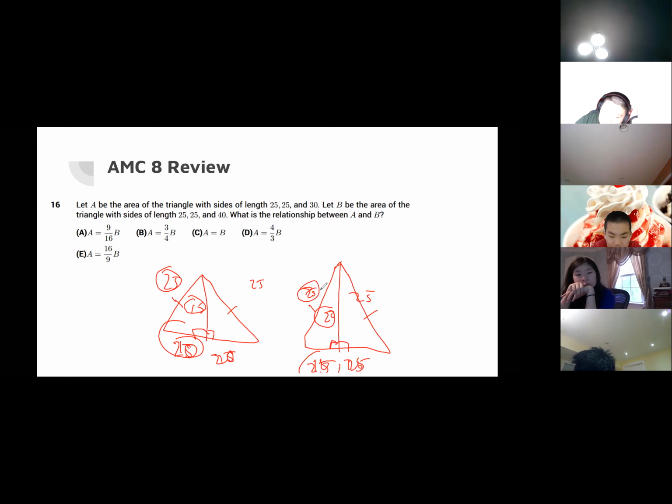If two triangles have the exact same side lengths, there are also some other ways you can prove this, like for example, if there are two sides and one angle in the middle of them, but we're just going to focus on that one right now.